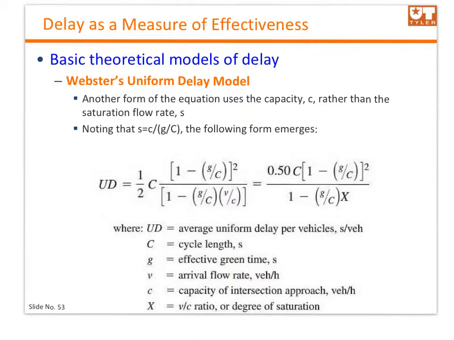Little c here is the capacity of the intersection approach, and V is the arrival flow rate.